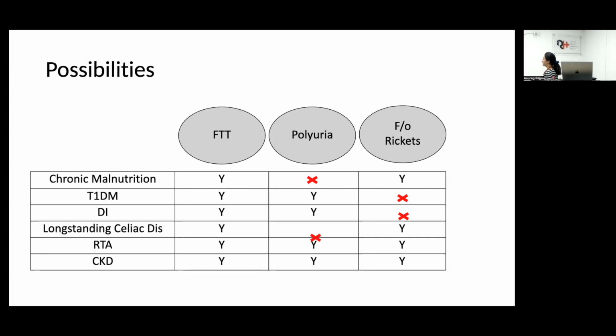Type 1 diabetes can explain the failure to thrive and polyuria, but a child who is 12 years old and has been symptomatic since about 6 to 8 years of age, not having landed up in DKA so far, is less likely to have type 1. Also, it will not explain the rickets. DI again will not explain rickets at this stage.